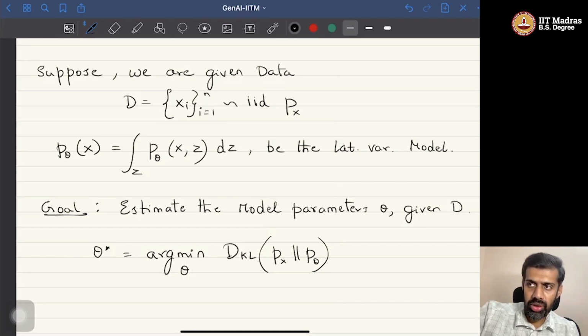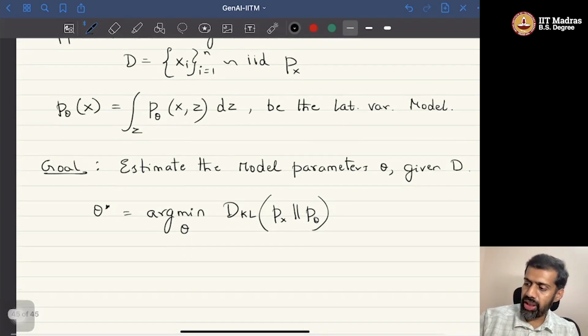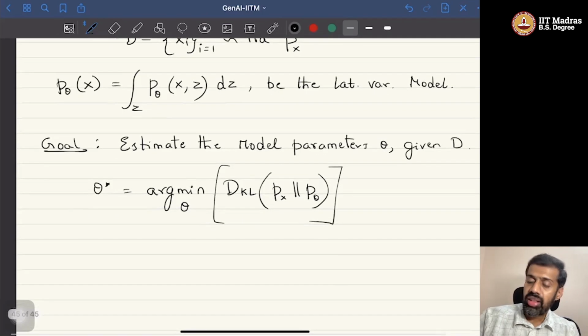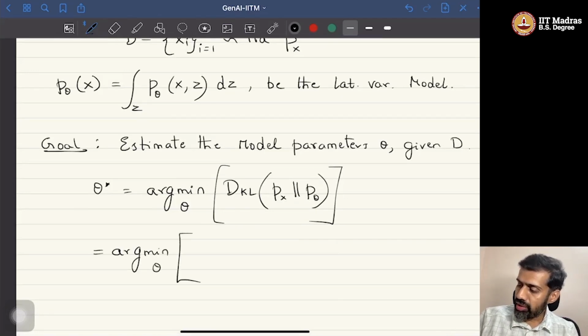We need to find the model parameters theta that would minimize the KL divergence between Px and P theta. Now what is this equal to? Let us write the definition of the KL divergence: integral Px log of the ratio of Px and P theta, dx, over x.